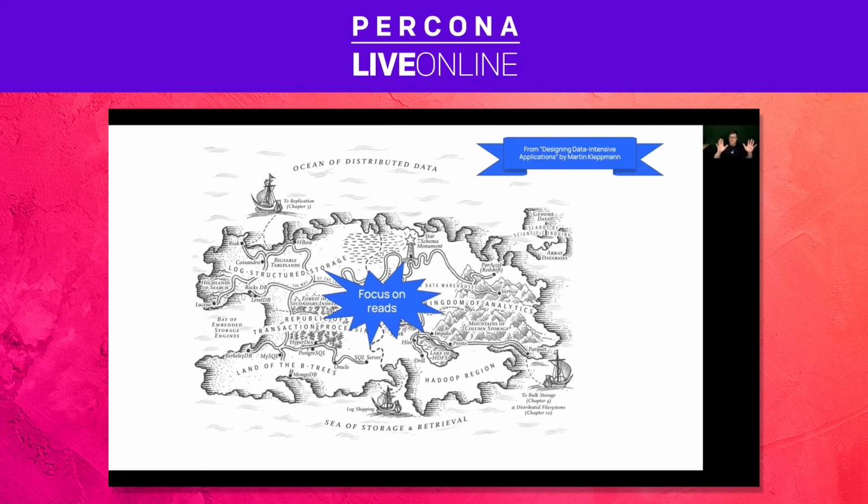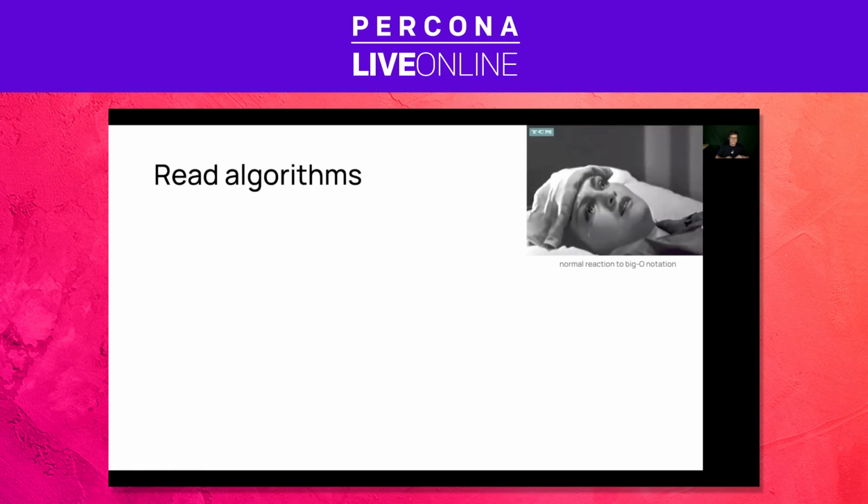So we're simplifying this. We're just going to focus on the read characteristics of all these systems. How are these systems grouped in this topology that we're seeing here? They're being grouped algorithmically. Apologies for this, but at some point we're going to have to talk big O and data structures. This is the only slide where I'm going to do this, and it's just for a minute or two. I know this stuff gives me a crazy headache.